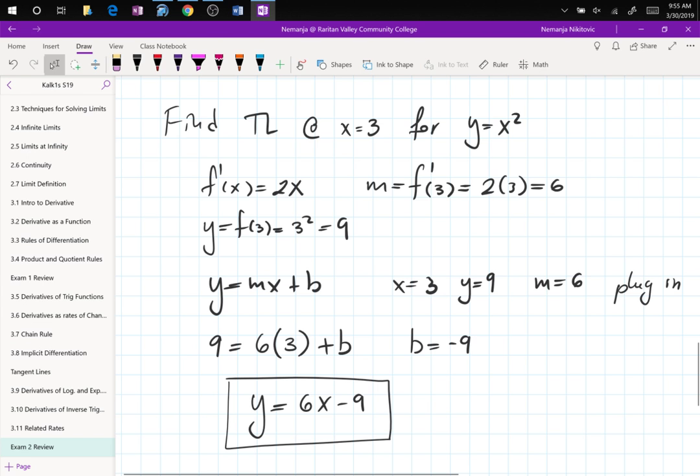Now, this is the cheapest possible problem for tangent line that you can possibly see across the board. And where's the rest of the problems that are harder? It's just what type of derivative you're taking. Product rule, quotient rule, chain rule, implicit.